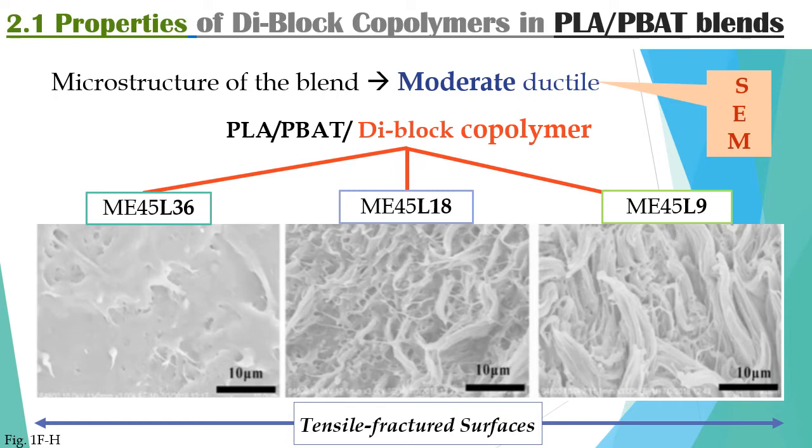From the pictures, polymer blends of PLA and PBAT with the copolymer named ME45L36, the fibers begin to appear on the fractured surface. Also, in other kinds of copolymer, fibers also appear on the fractured surfaces of the blends with diblock copolymer.